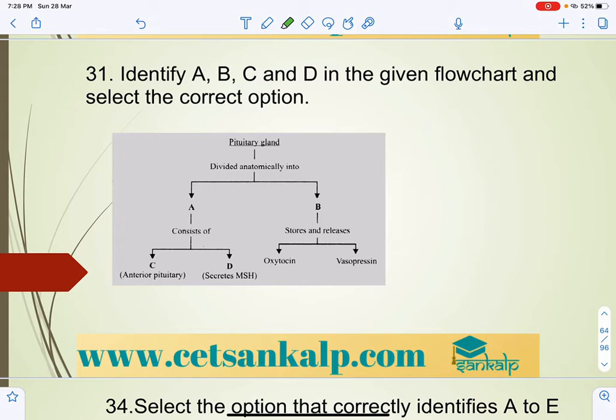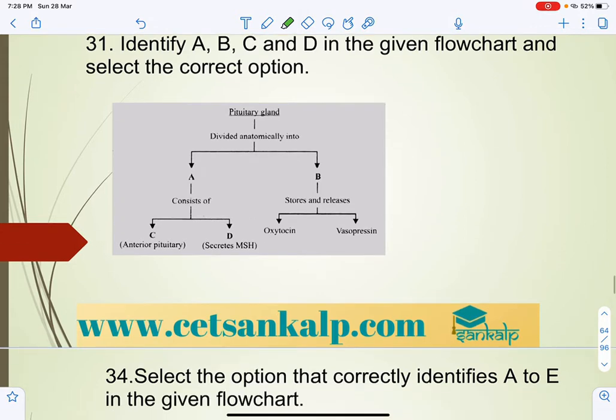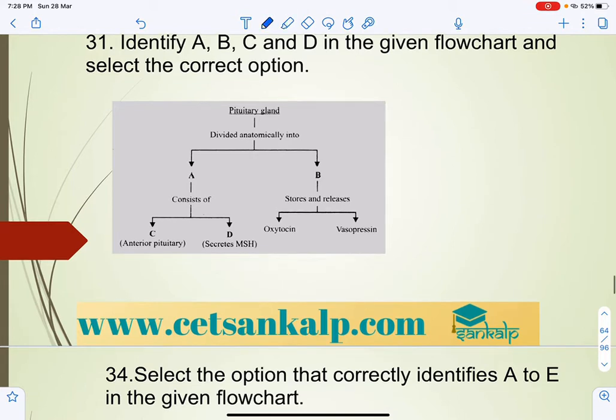Identify the correct flow chart. What is ABCD in the given flow chart? Here we can say the pituitary is divided anatomically into the anterior pituitary and the posterior pituitary. Anterior pituitary is called adenohypophysis, and posterior pituitary is the neurohypophysis.